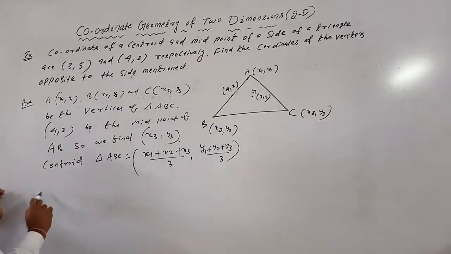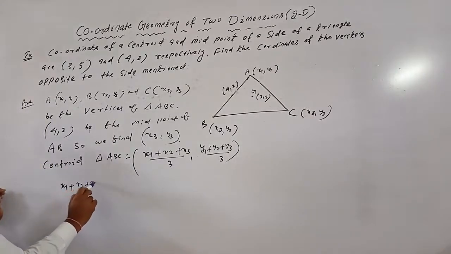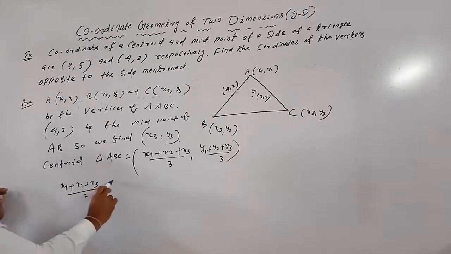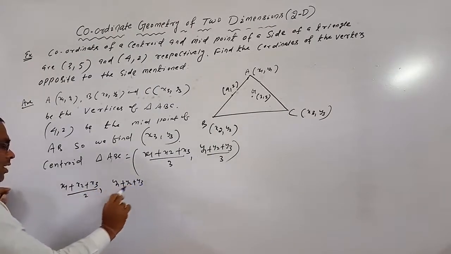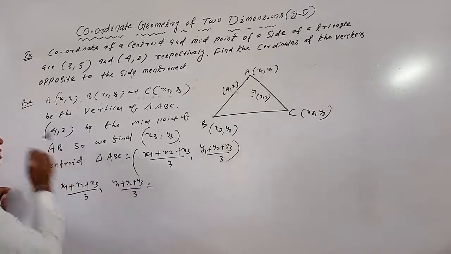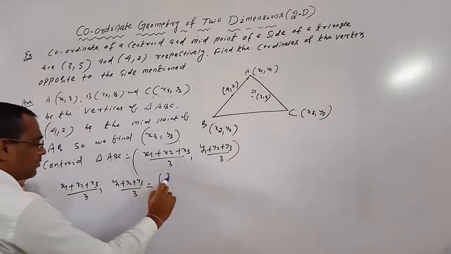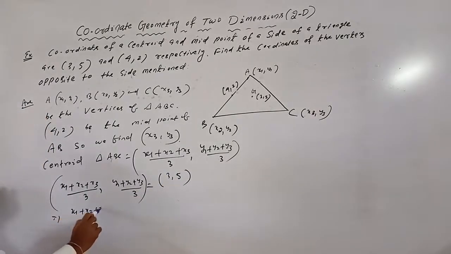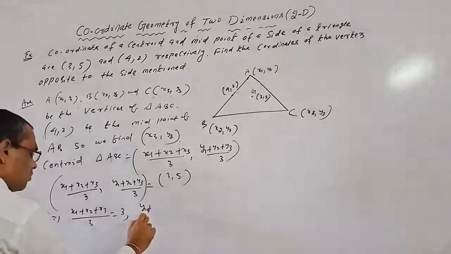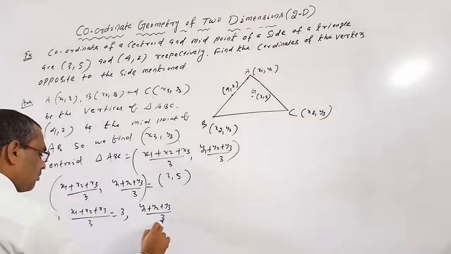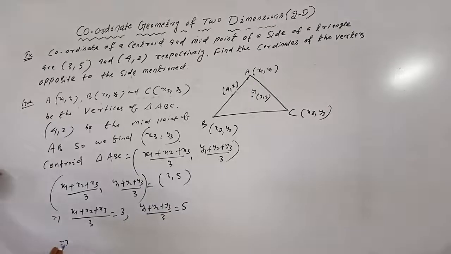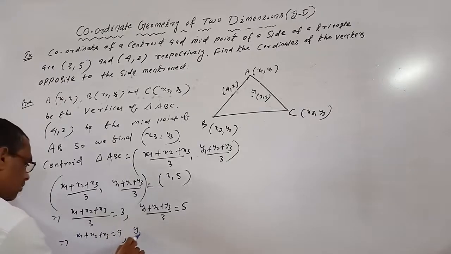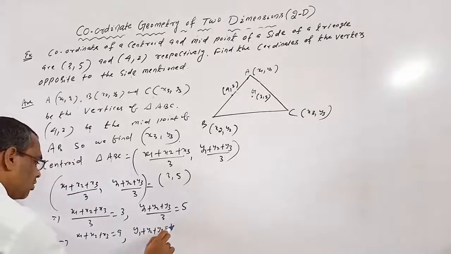That implies x1 plus x2 plus x3 by 3 equals 3, y1 plus y2 plus y3 by 3 equals 5. That implies x1 plus x2 plus x3 equals 9, y1 plus y2 plus y3 equals 15.